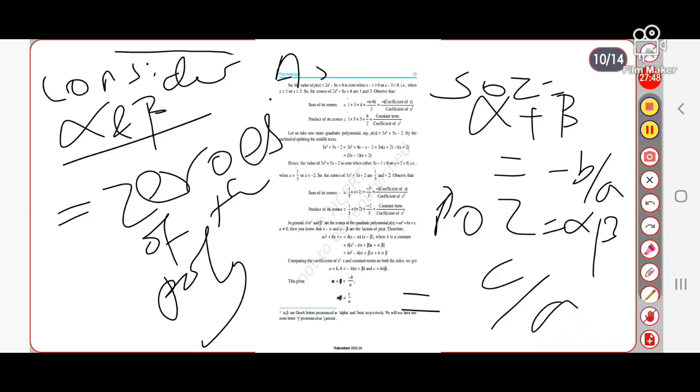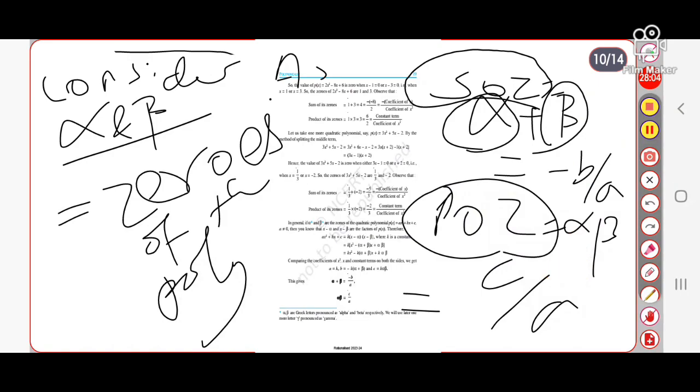Now the question can be asked like this: they will provide the alpha value and the sum of zeros, and ask you to find the beta value and the product of zeros. That's nothing much to do. Subtracting alpha from the sum of zeros gives you beta. Alpha we know, beta we found, and multiplying gives the product of zeros.